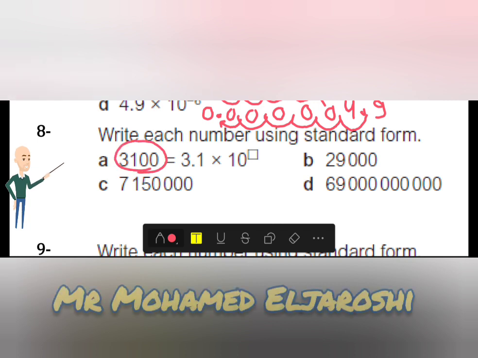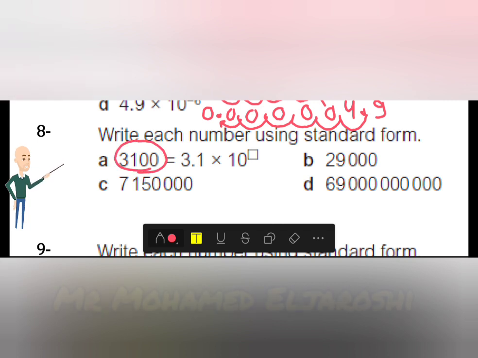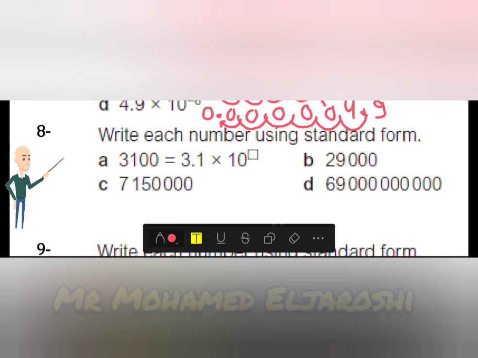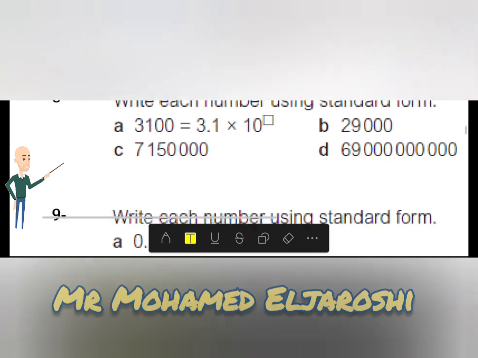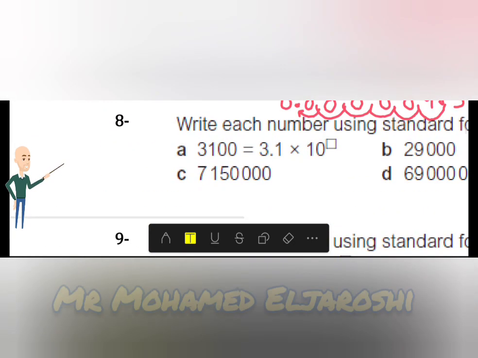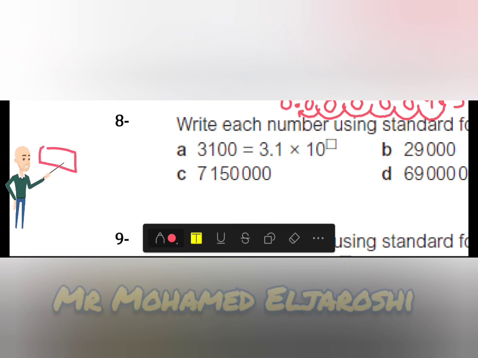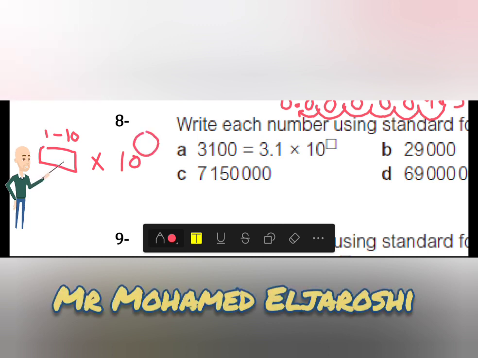If we have a number like this, 3100, how do we make it as a standard form? Now, we all know that a standard form means what? It means a number between 1 and 10, multiplied by 10 with a power. And this power must not be 0 or 1.